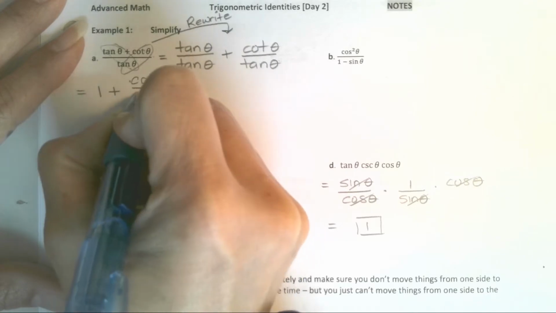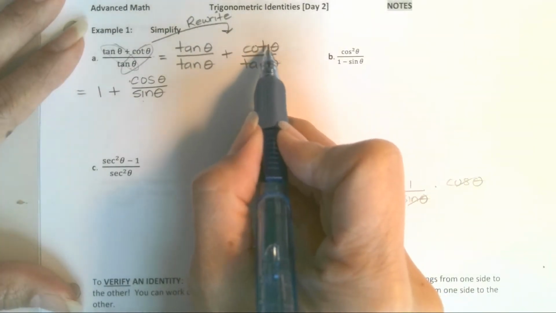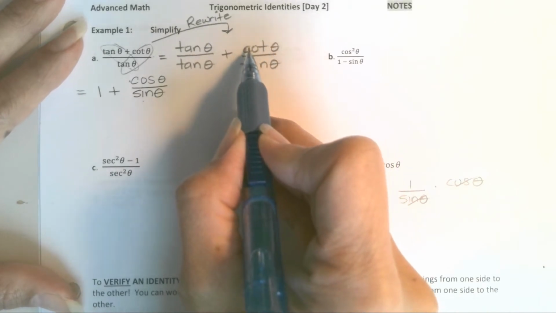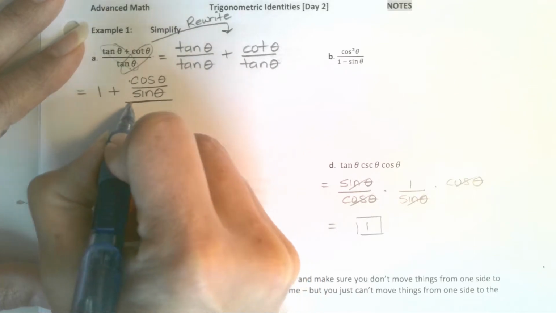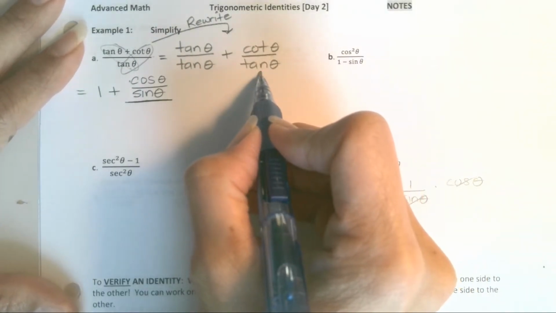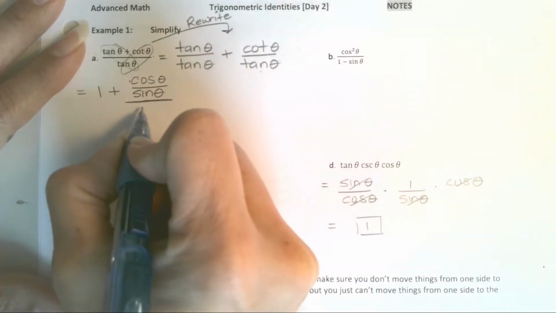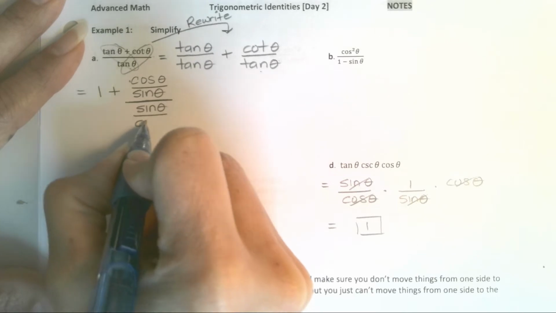Very good. Cosine theta over sine theta. Okay, so there she substituted cotangent theta with the formula cosine over sine. Then we put divide by, and we're going to do tangent theta now. Okay, Keaton, what is tangent theta? Sine theta over cosine theta.